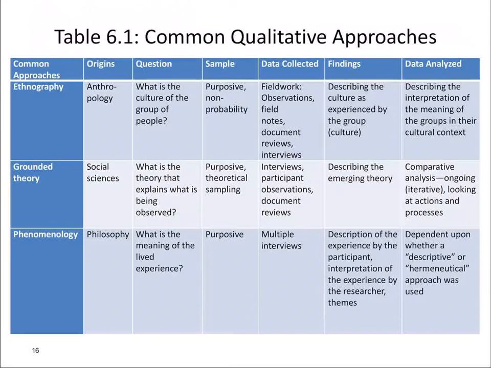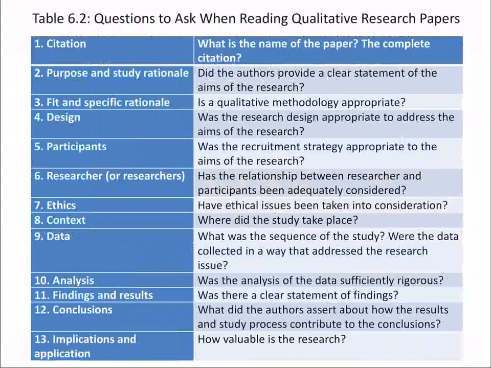Table 6.1 of your textbook shows you different qualitative approaches, and it describes in a little bit of detail what you might expect in each type of study. So what do you do when you read a qualitative paper? Well, Table 6.2 lays out what you must do as you assess a qualitative paper.